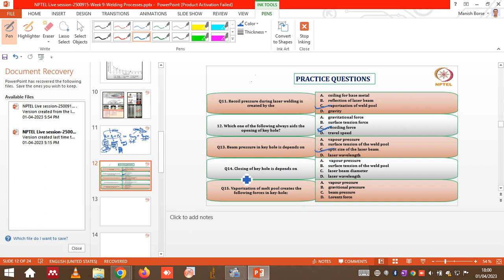And in the 14th question, also we can say that closing of the keyhole depends on. So closing of the keyhole will depend on two forces which try to close the keyhole, like gravity force and surface tension force.